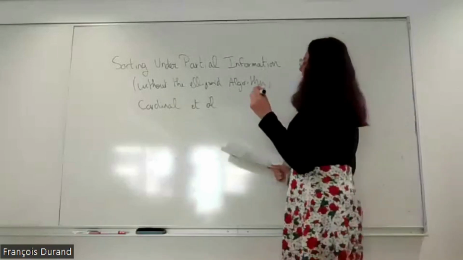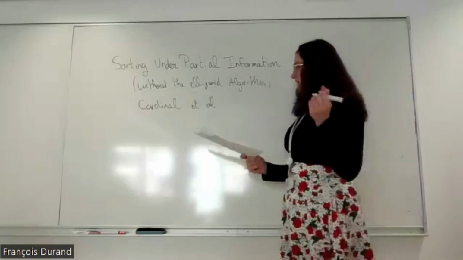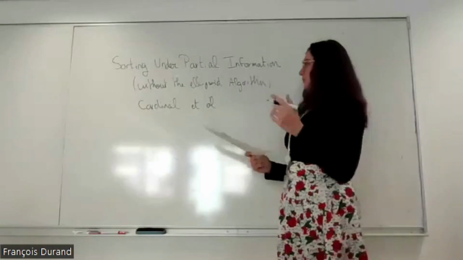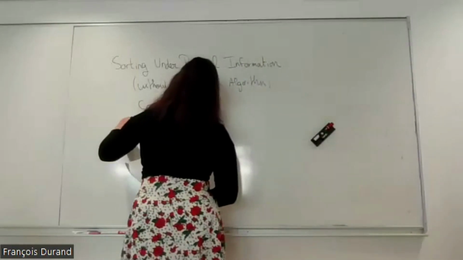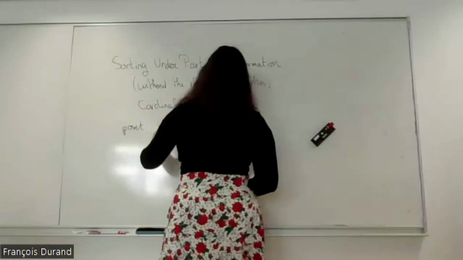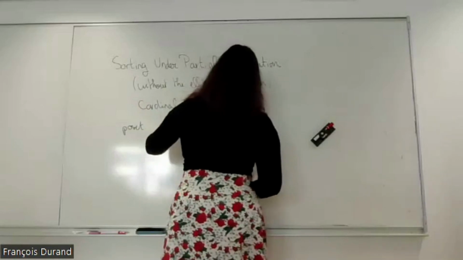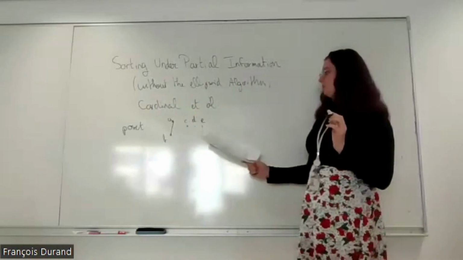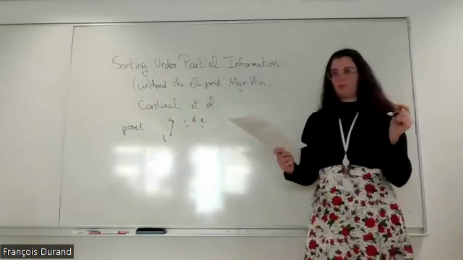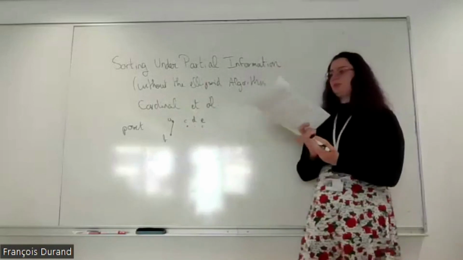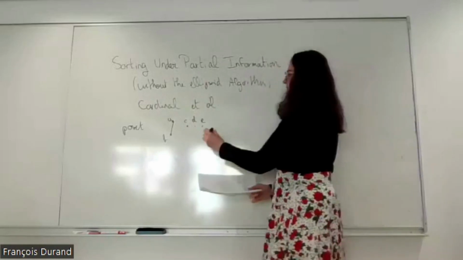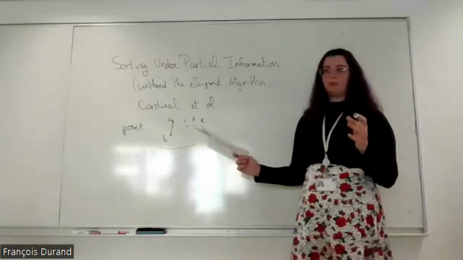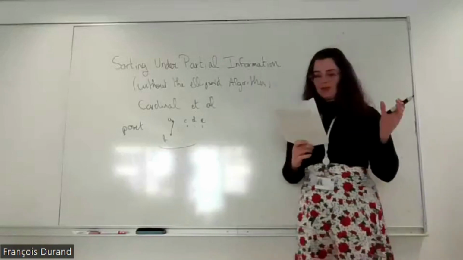For example, consider that you have 5 items, and one possible partially ordered set would be this, where you already know that A is bigger than B. So this is sorting under partial information.